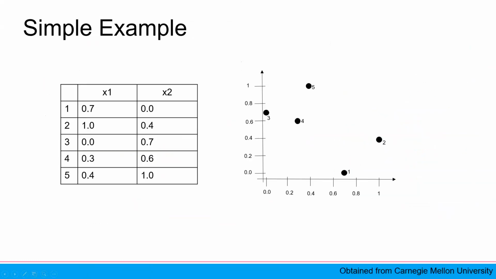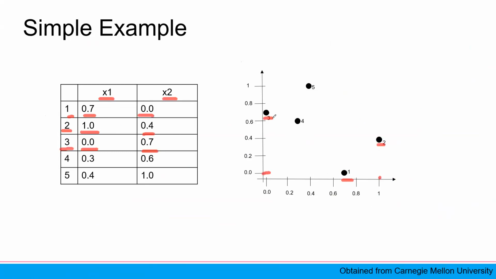Let's see it with an example. I think it's better with an example. Now I have the data x1 and x2. Object 1 is 0.7 and 0.0. Data object 2 is 1 and 0.4. Data object 3 is 0 and 0.7.